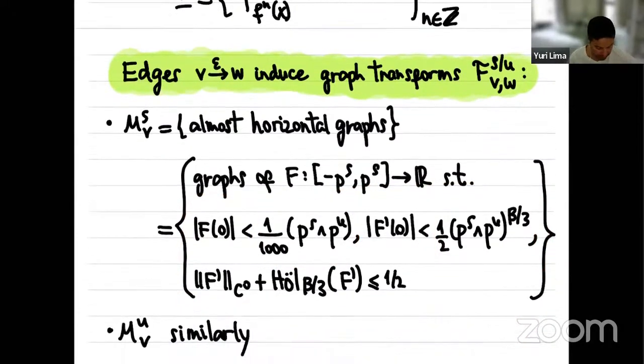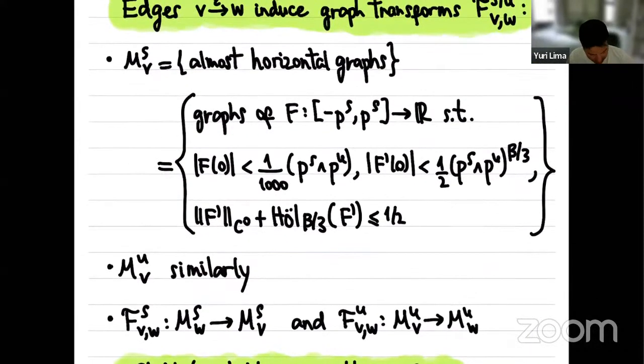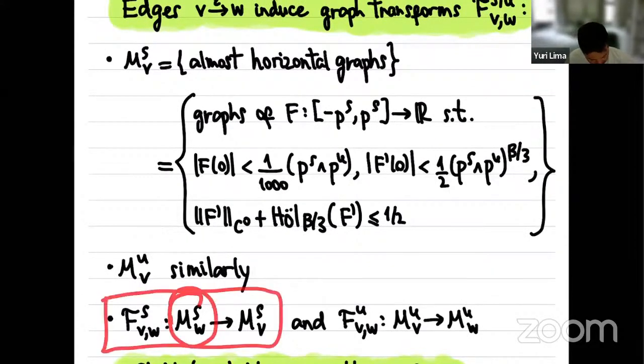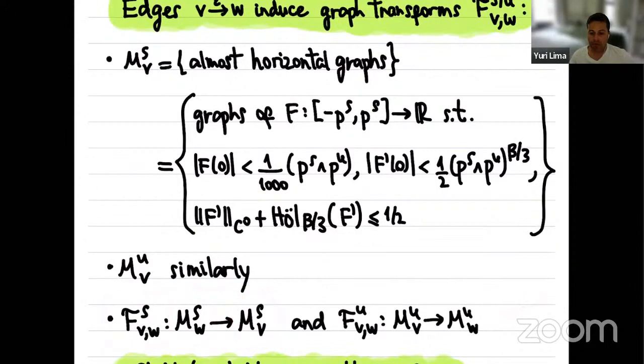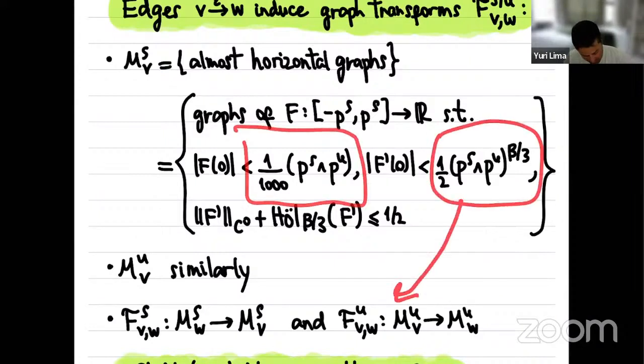Well, you define the almost vertical graphs in a similar way, and then you have the stable graph transform taking an almost horizontal graph at W and sending it to an almost horizontal graph at V, and the same thing for the unstable graph transform, taking an almost vertical graph at V and sending it to an almost vertical graph at W. And well, once we have graph transforms, the conclusion here as well is that these assumptions are strong enough to guarantee that these two are contractions.